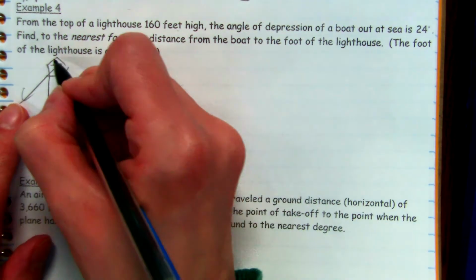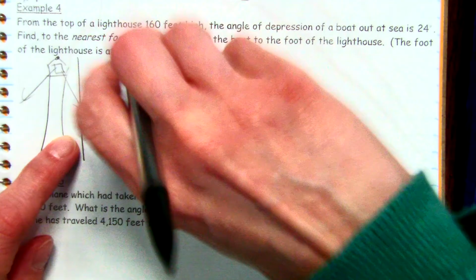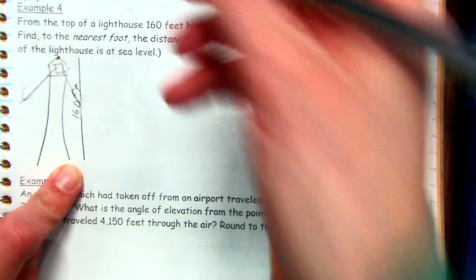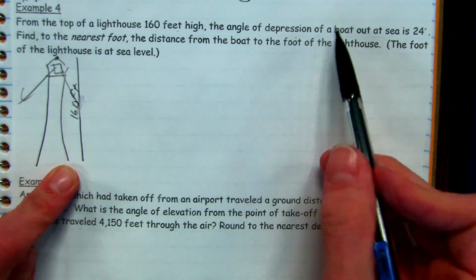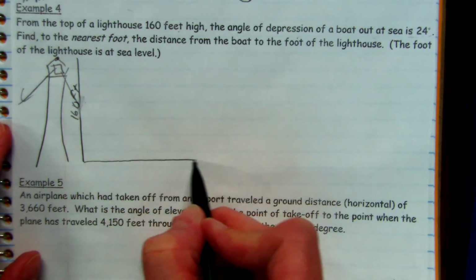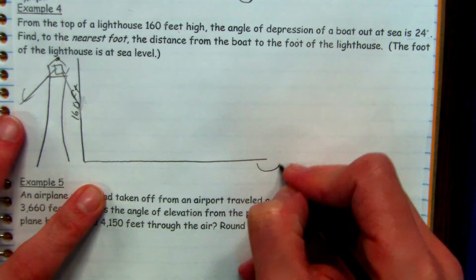All right, so we're at the top of a lighthouse that is 160 feet high. So I'm just going to put a little line over here to represent that height. The angle of depression of a boat out at sea is 24 degrees. So we're going to draw the surface of the sea, pretending that it's flat. And here's the boat again.